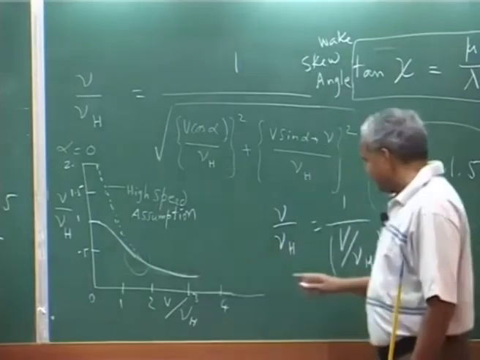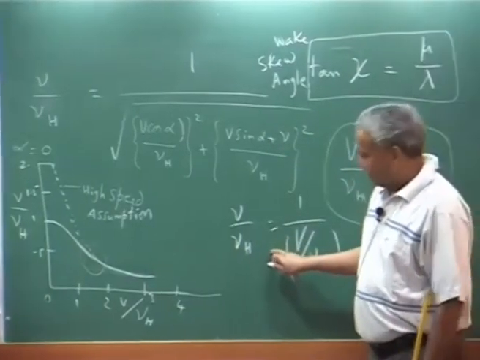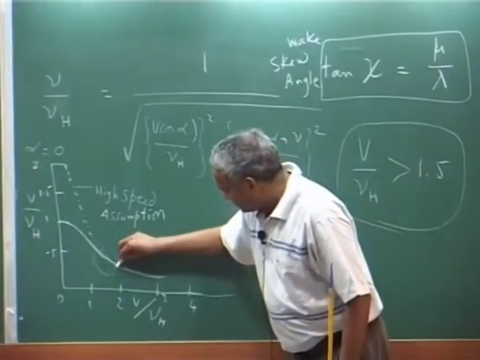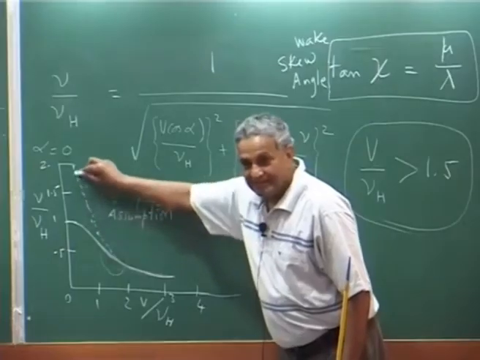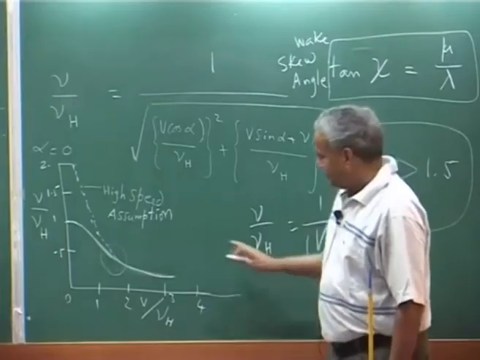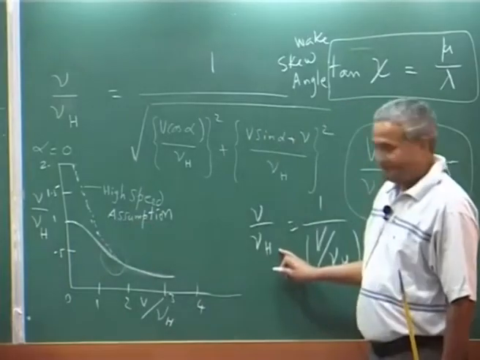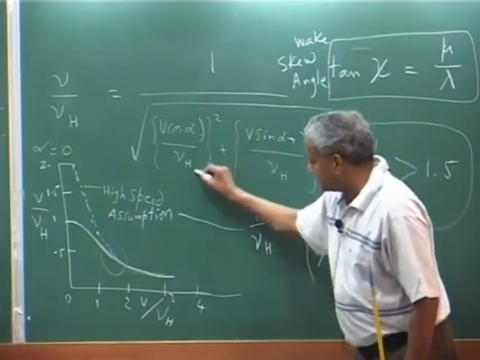Whereas when I plot this, it almost comes close up to 1.5, then only it starts deviating. Okay. This is this curve.